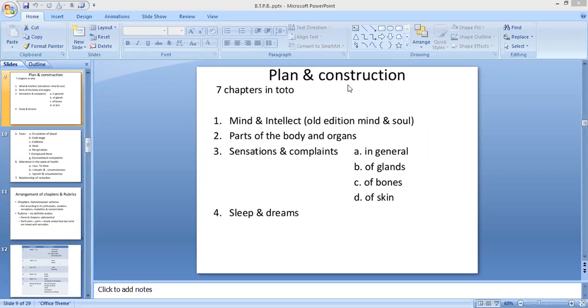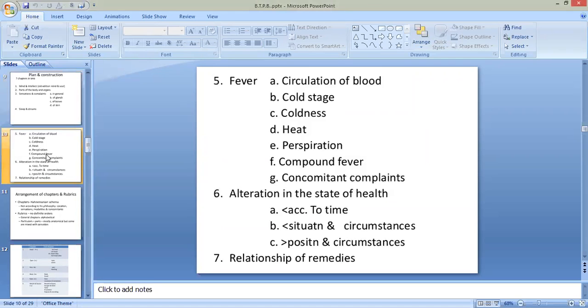Then the 5th chapter is fever. Under fever, in the older edition, there were 7 subsections under the chapter fever.